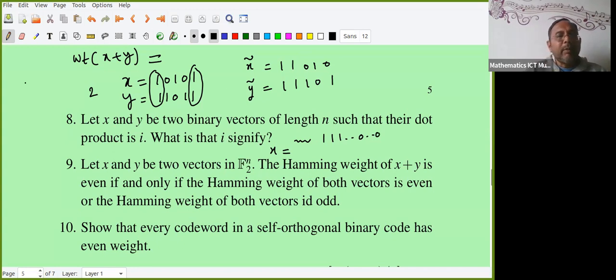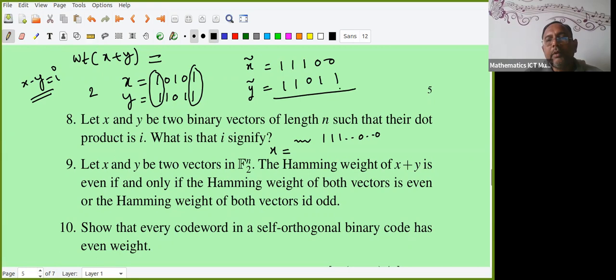For example, the dot product of x and y is equal to I, right? What I'm actually doing is changing x to x tilde. I'm putting 1 here and the remaining 0, 0, and here I'm putting 0, 1, 1.